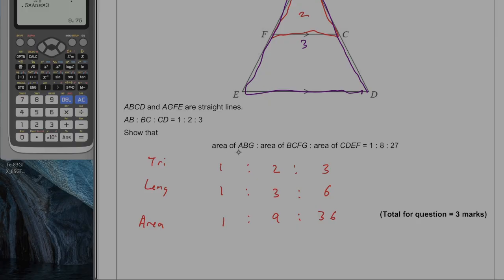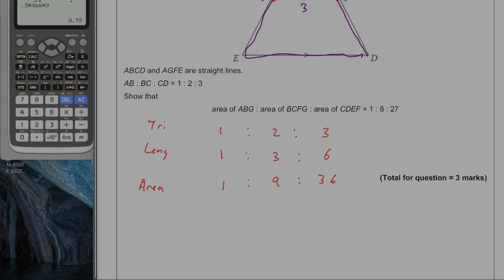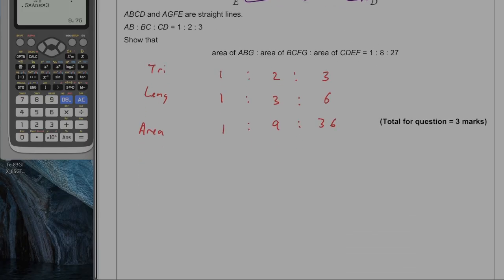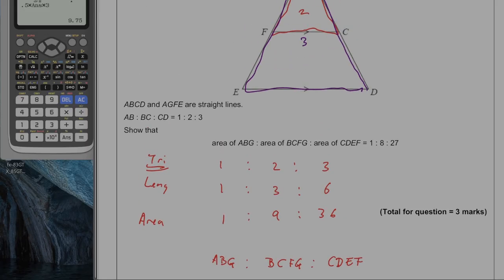So if we think about the areas now, what we're actually going to find is the area of ABG, BCFG, and CDEF. So these are the shapes, not the triangles.